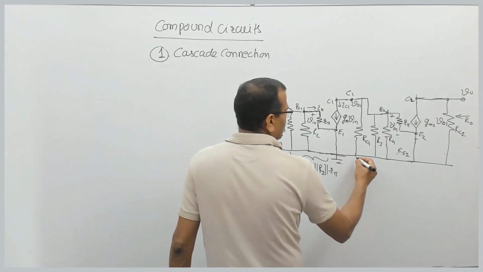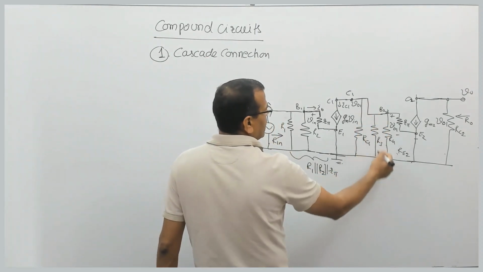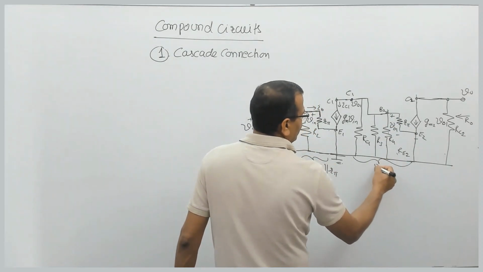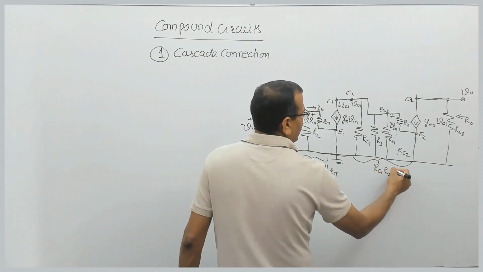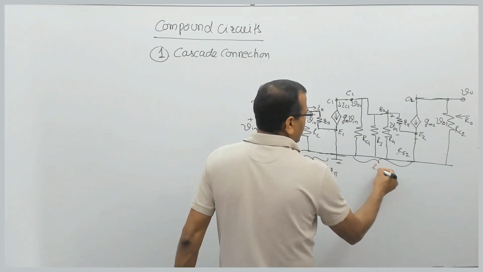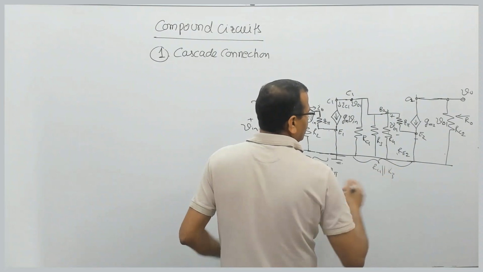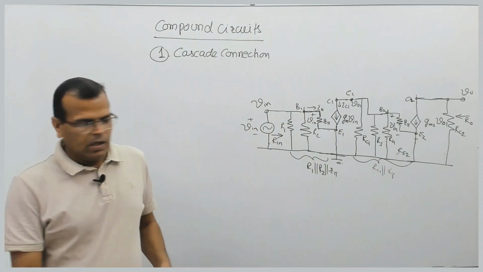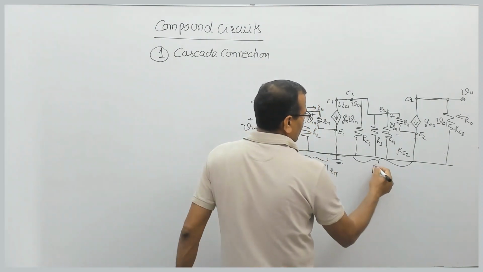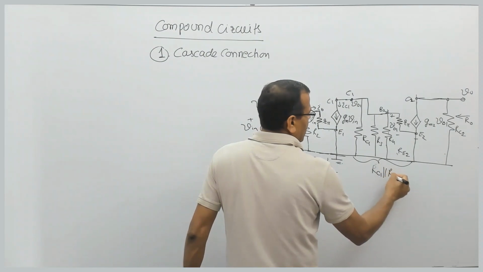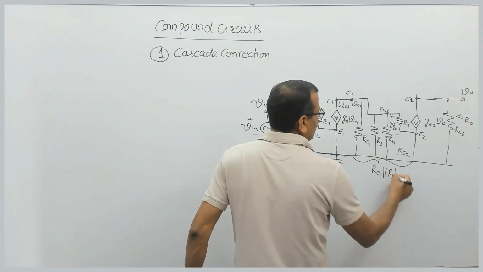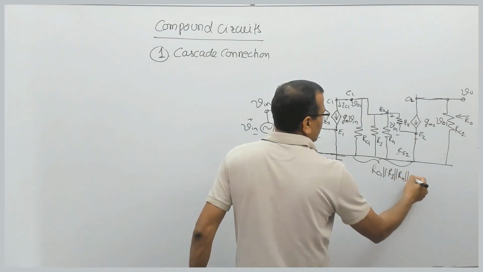Now see it carefully. This resistance, this resistance, this resistance, and these four resistances are the parallel combination of RC1 with RC3, R3, R4, in parallel to R pi.